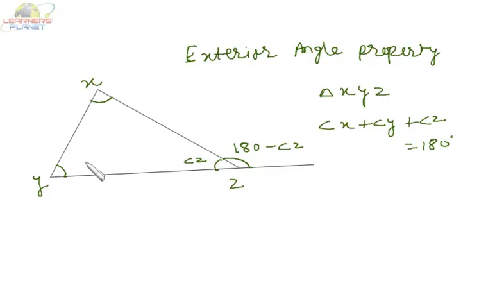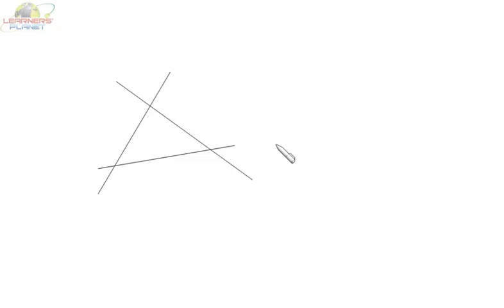I just draw the diagram. Here we see three line segments intersecting each other and we are getting a triangle. Suppose this triangle is ABC. So this is interior angle A, this is interior angle B, and this is interior angle C. Now since this line is extended, this is an exterior angle, here this is an exterior angle, and here this is an exterior angle.